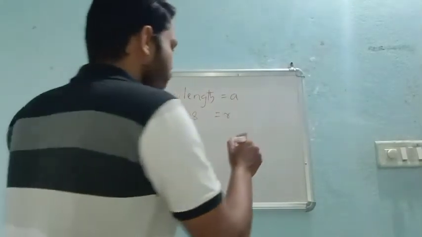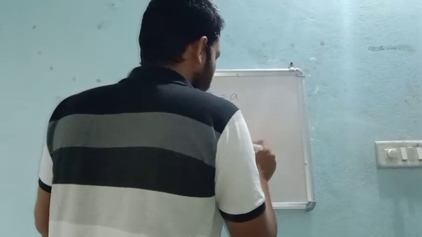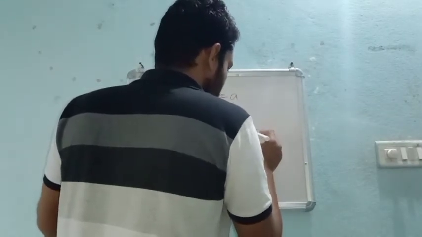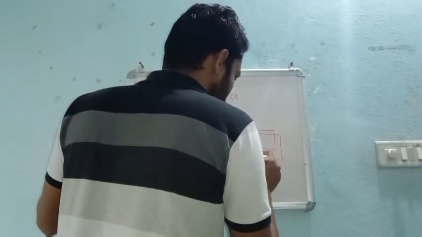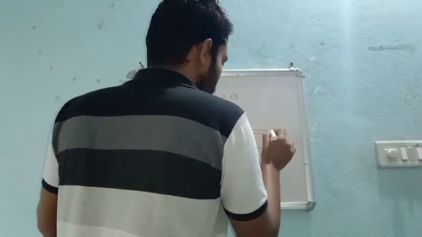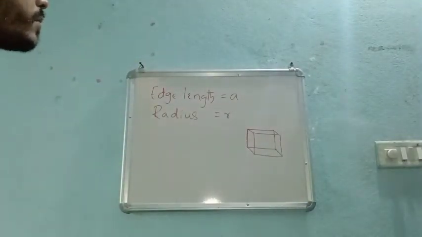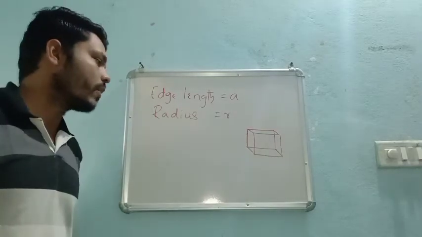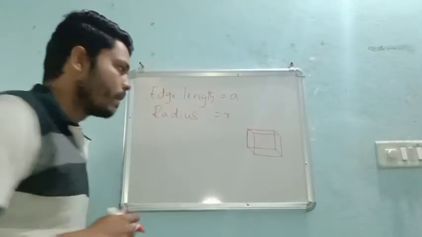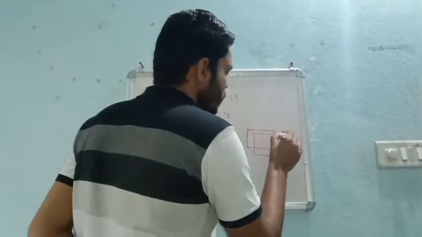So in our cube, I mean lattice, consider a cube, a unit cell. In the unit cell, what do we have? We have corners, right? And the faces, I mean walls.